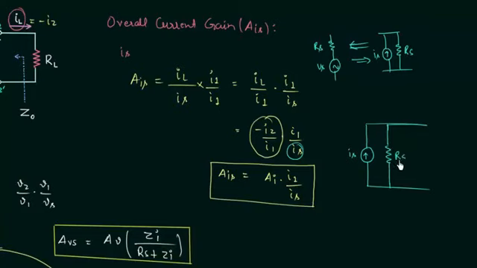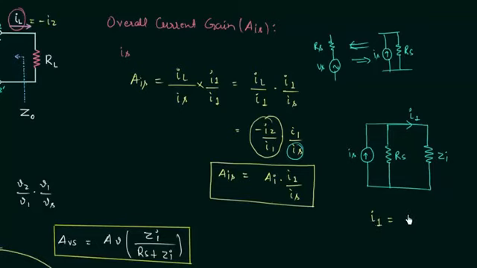The resistance is RS, and we have the input impedance equal to ZI. Current through the input impedance is I1, the input current. I will use current divider rule, and by using this I will find the current I1.